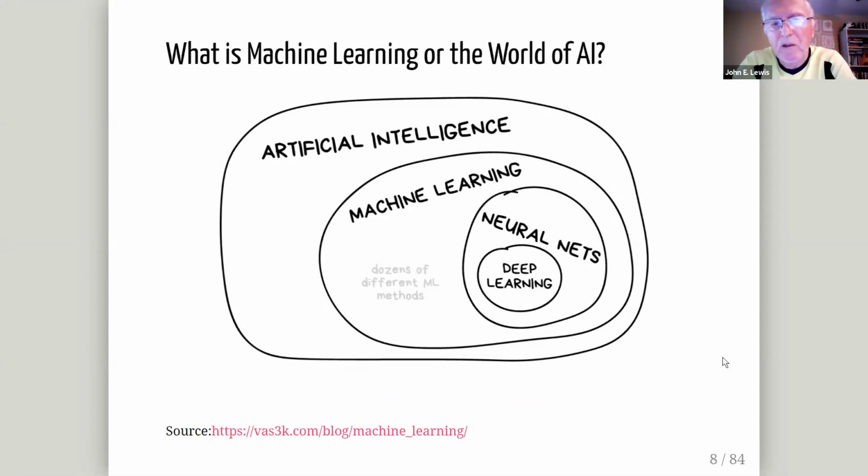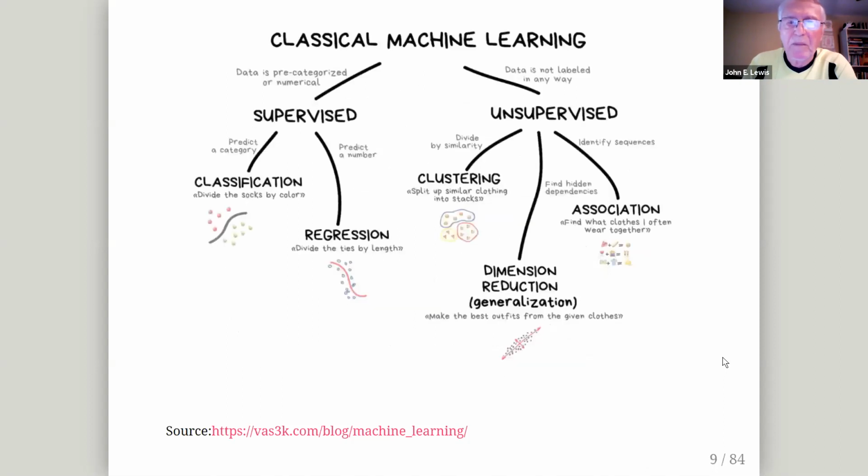I've done a little bit in neural nets when we get a little more complicated in terms of the model formation, but it's within this outer circle here that you see as machine learning, which I consider the classic approach to this particular problem. What we're talking about here with classical machine learning is looking at supervised and unsupervised techniques to solve a particular problem.